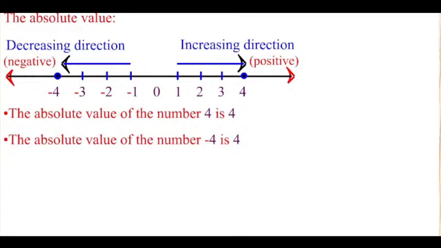That means the number of units between the number 4 and 0 is called the absolute value of the number 4, and the number of units between -4 and 0 is called the absolute value of the number -4. The absolute value of 4 equals the absolute value of -4, and the absolute value of any number is denoted by the symbol as you see. The absolute value of 4 equals 4, and the absolute value of -4 equals 4.